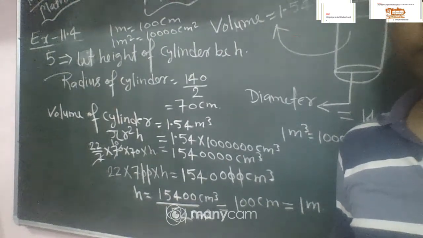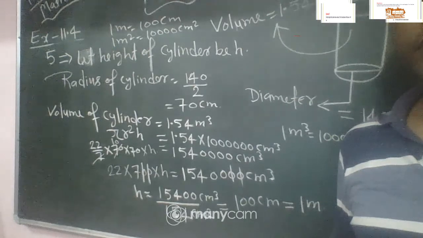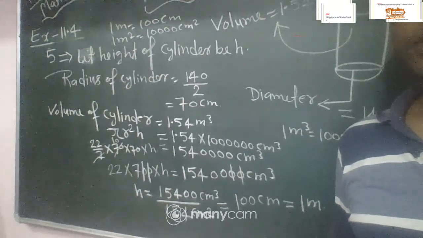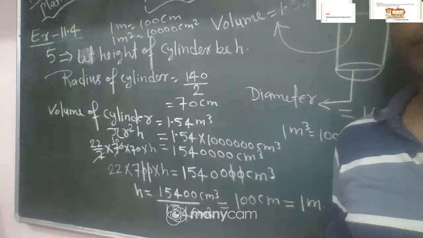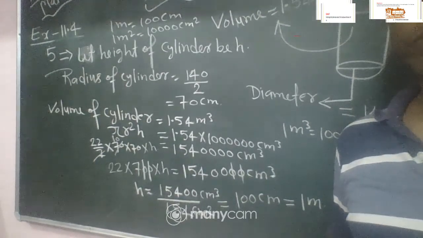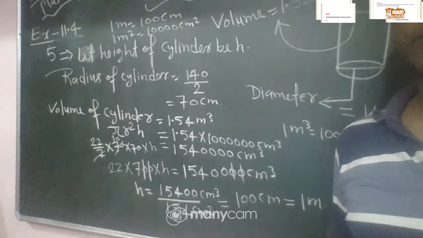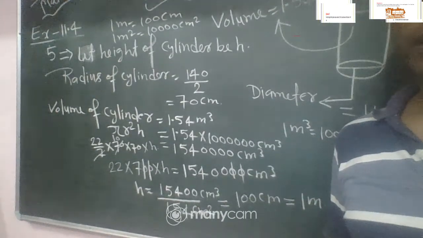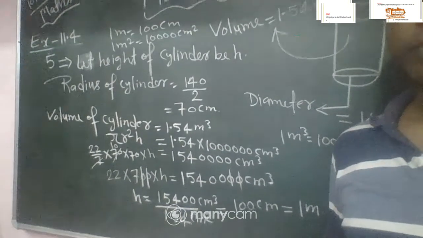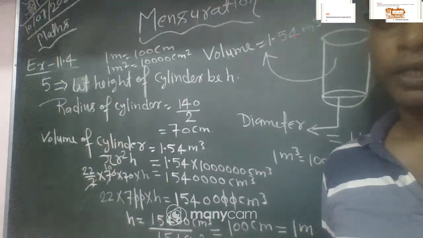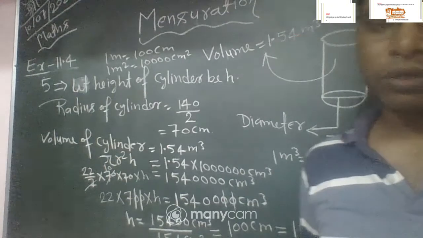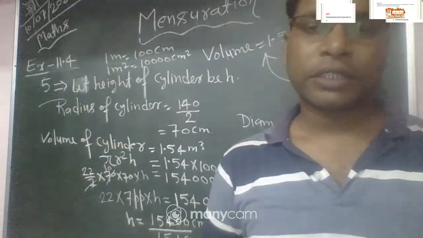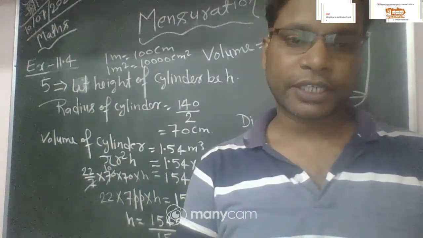So you know that volume of cylinder is pi r square h, and the volume is given and also the radius is given. So with the help of volume and radius, we find height of cylinder, which is equal to 100 centimeters, or 1 meter. Now we are going to solve the next question, question number 6 of this exercise.